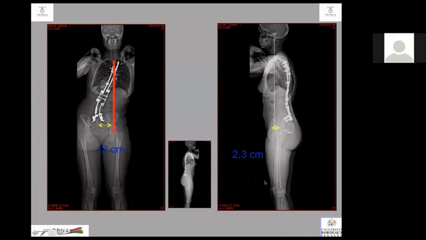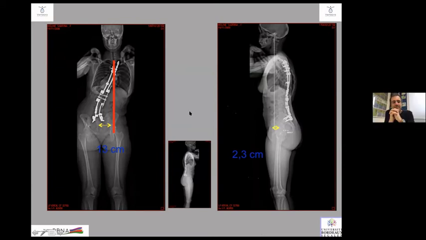When you have a case like this one, this lady was operated, I think, 6 or 7 times, and she ended up with this kind of fusion, which is not optimal, we can say, because maybe 13 degrees of offset on the AP view, and the lateral view was not perfect either. But it's not so bad on lateral.